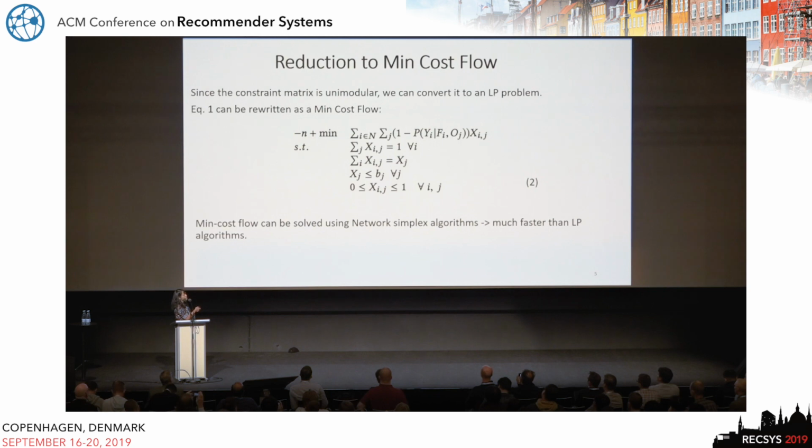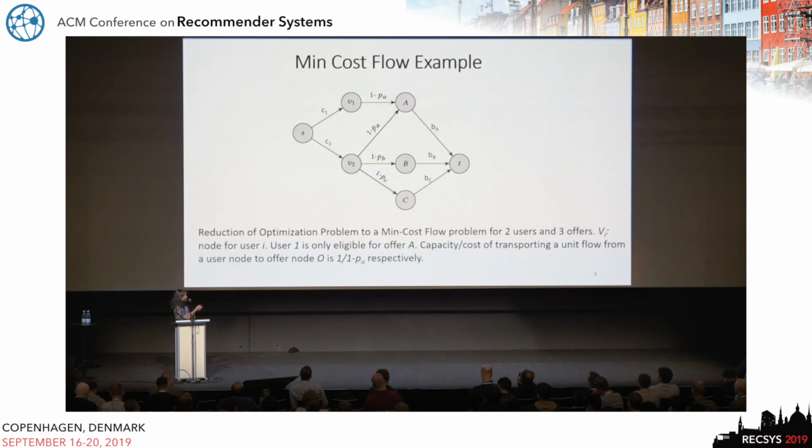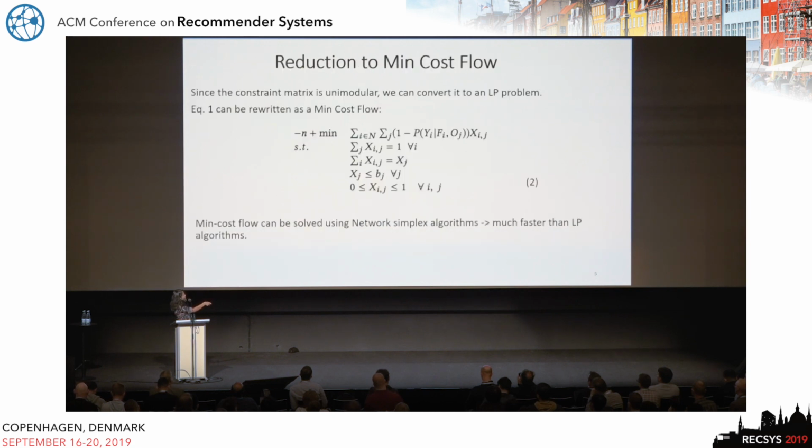We further write it out as a min cost flow problem where we minimize across all customers and offers 1 minus the probability of conversion given Fi and Oj. We were maximizing the propensity, and the cost in this case is 1 minus the propensity. And the constraints remain the same.